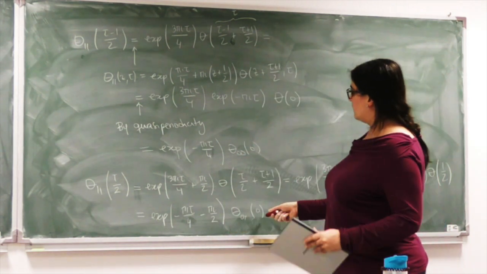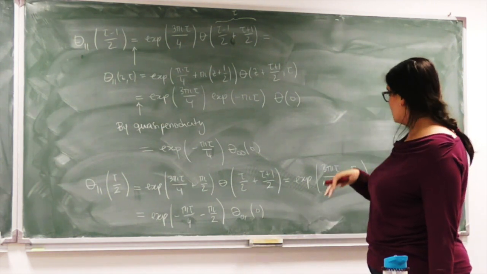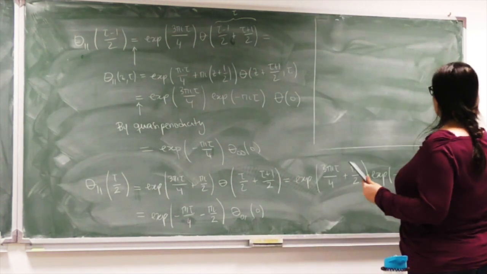So we have again the theta function evaluated at 0 with a certain subindices. So now if we put it all together, and I think I will just use this corner of the screen.